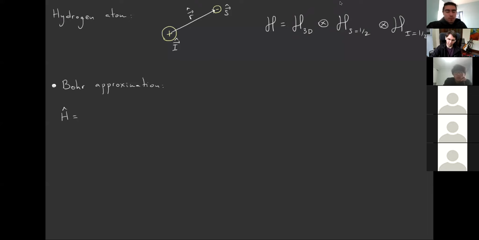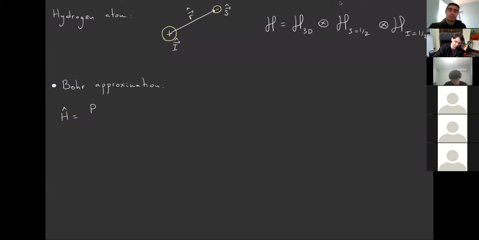So, by the way, I know that you know it, but just in case, we can even make an approximation that is even stronger, which is that the proton just stays fixed. It doesn't feel any motion because it's much heavier than the electron. And then in such case, the relative coordinate is just the coordinate of the electron around the proton. But in general, we can just talk about the relative coordinate, and in the physics, it's equally simple.